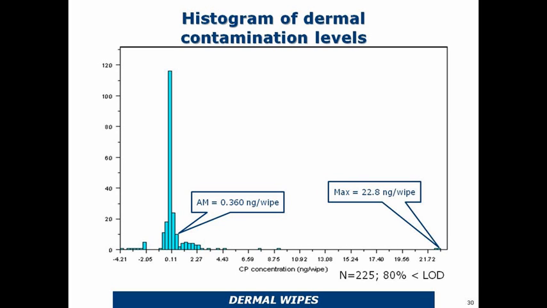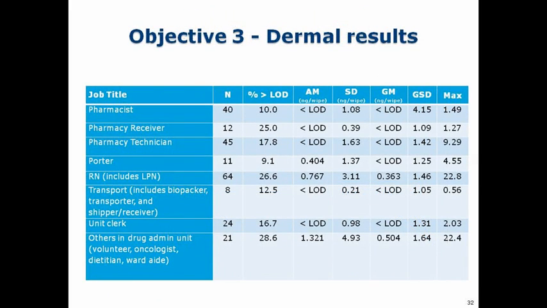So in terms of this table, basically we stratified by the different job categories that we examined. And what I want to show you is the maximum column there on the far right. The LOD is 0.356, and you can see that for every single job category, the maximum level exceeded the LOD.